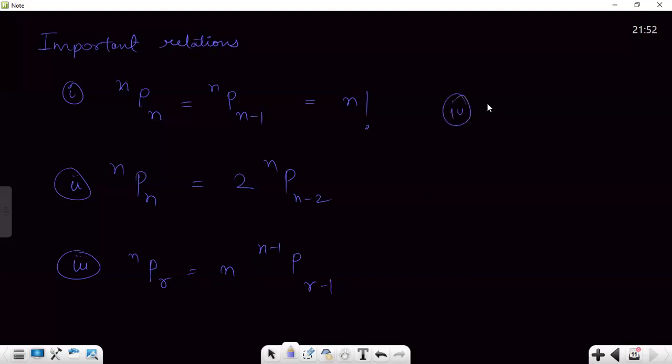Fourth property is nPr is equivalent to (n minus r plus 1) into nP(r minus 1). Fifth one is nPr equivalent to (n minus 1)Pr plus r into (n minus 1)P(r minus 1).